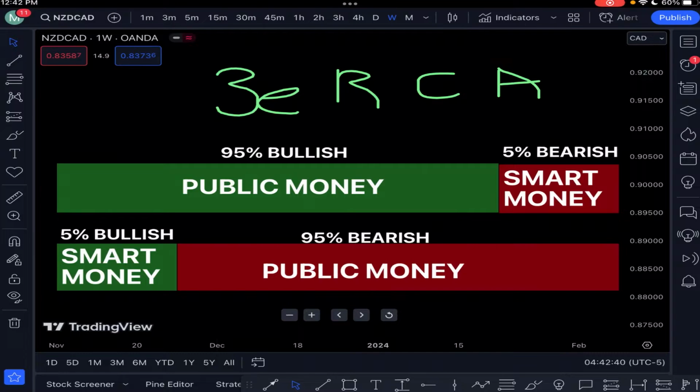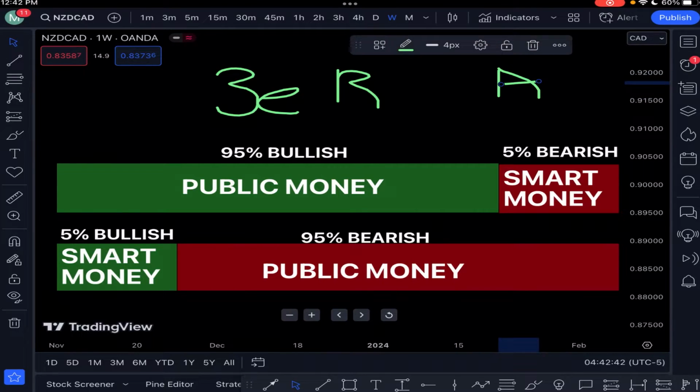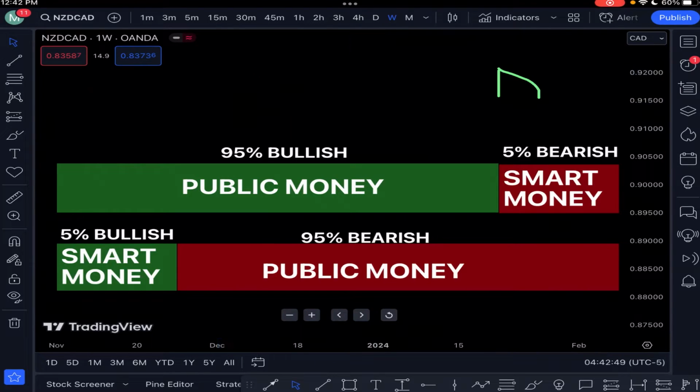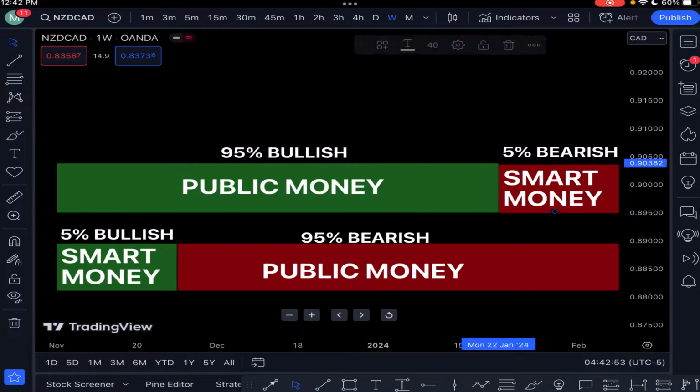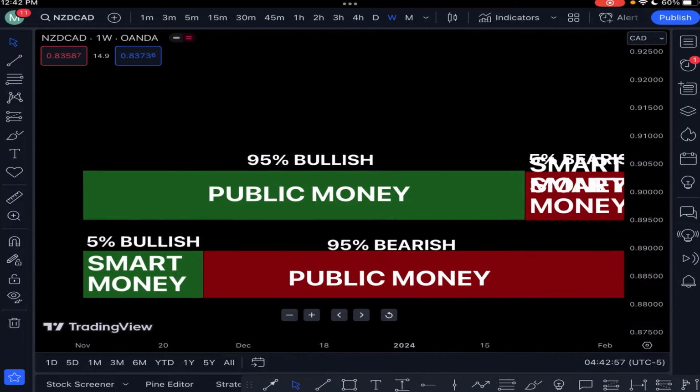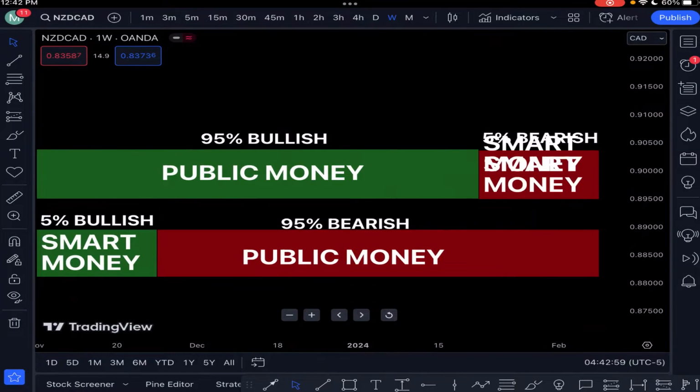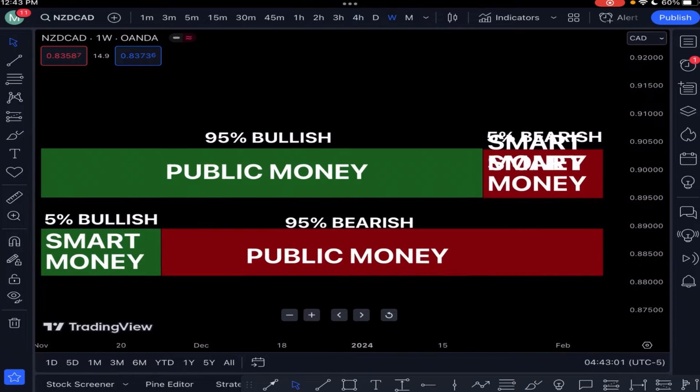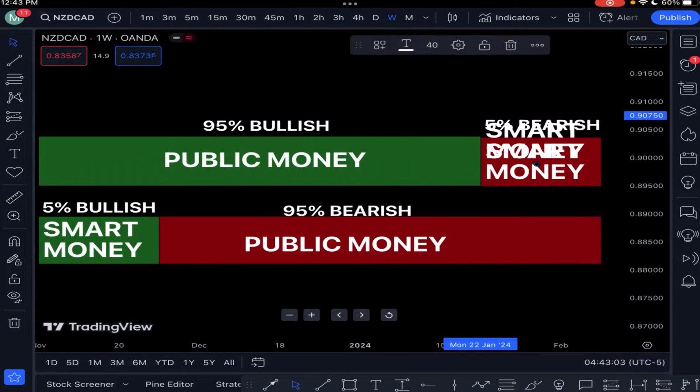Let's see. Just give me a second. I get rid of this. So the be rich are actually, okay, let's duplicate this, clone, then click on this one, then we move it.